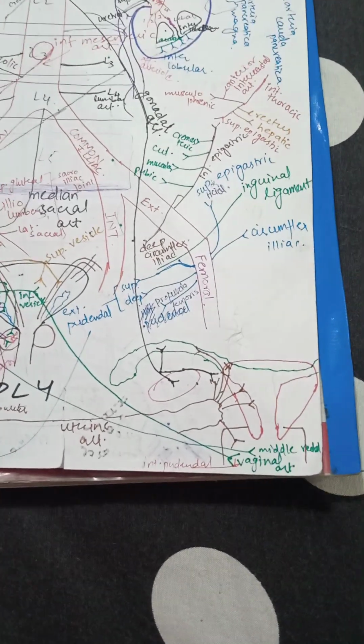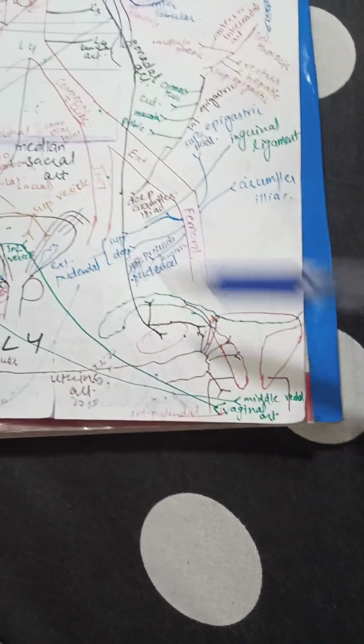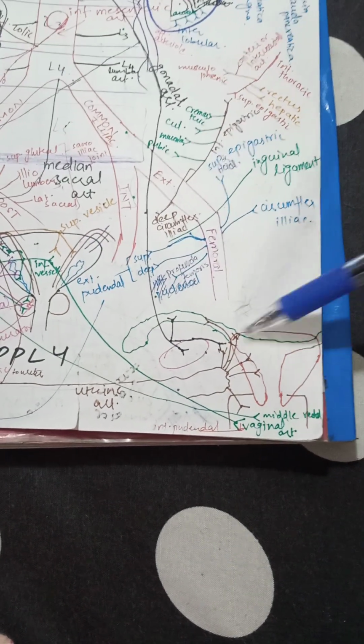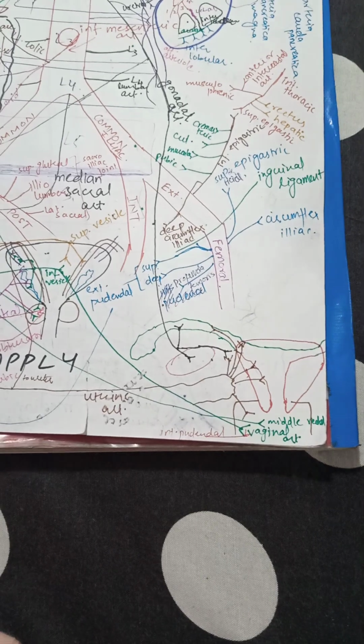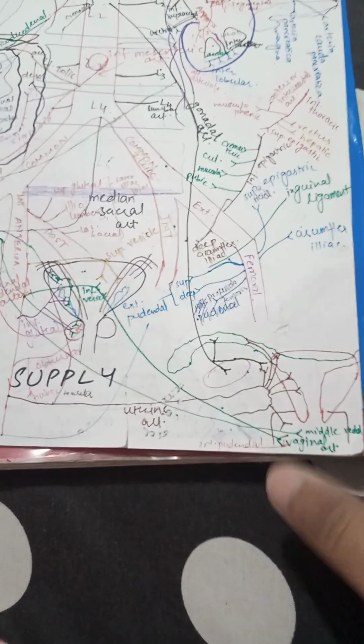The vagina is supplied by the middle rectal and the inferior vesical artery that was in males. It forms the vaginal artery in females. And a part of it is also supplied by the uterine artery. So we are done with it.